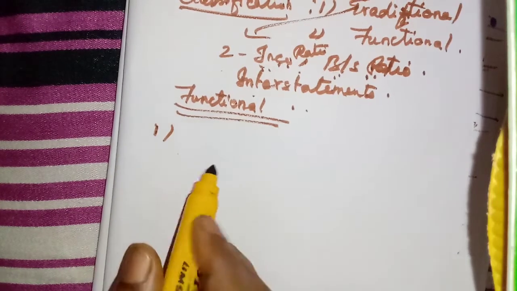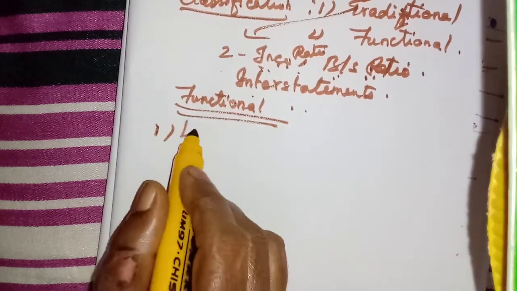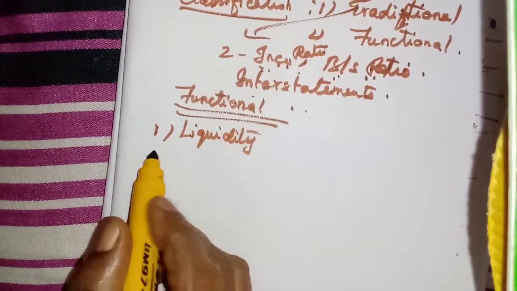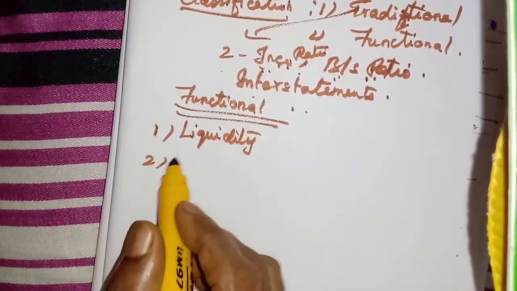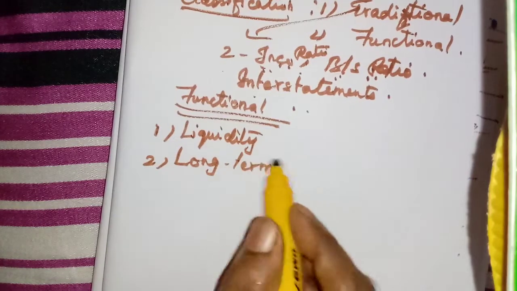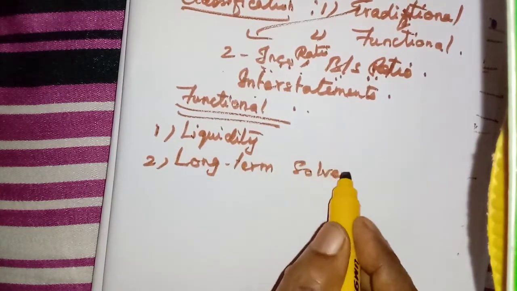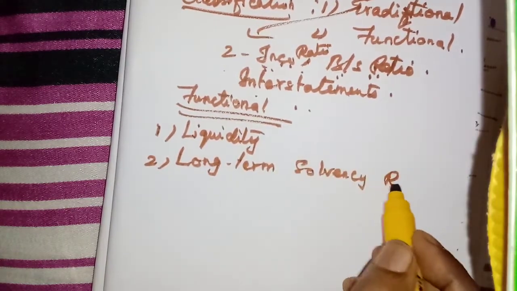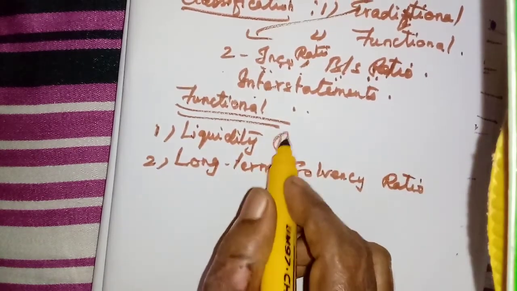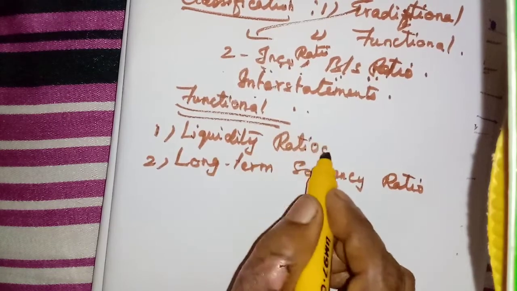As per their function, first it is liquidity ratios. Then the second one, long-term solvency ratios. These two ratios we are going to learn today: liquidity ratios and long-term solvency ratios.